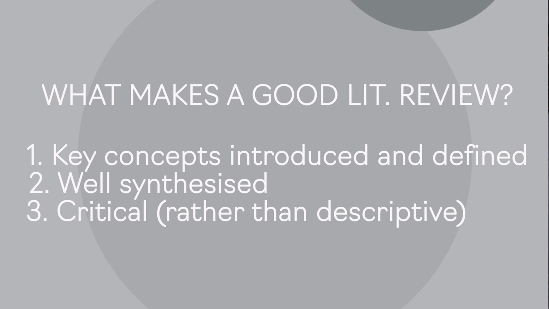A good literature review is also critical, and this is something that a lot of people struggle with, because we tend to see more descriptive literature reviews that simply say, oh, here is an overview of what we know from the literature. But a critical literature review then goes on to poke holes in this overview, try to show what sort of inconsistencies exist. So, for example, are there gaps that have not been addressed in this literature?